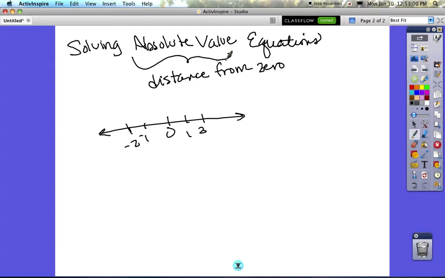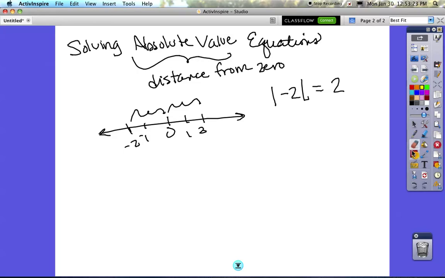So absolute value, as you've probably learned, that is 2, because absolute value means distance from. So the distance from 0, the distance is 2, regardless of whether it's positive 2 or negative 2. So you're going to have two possible answers.